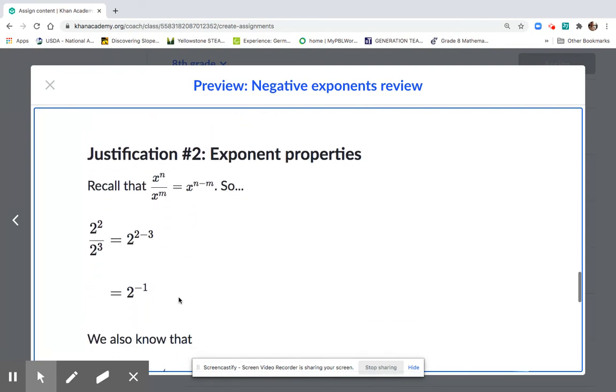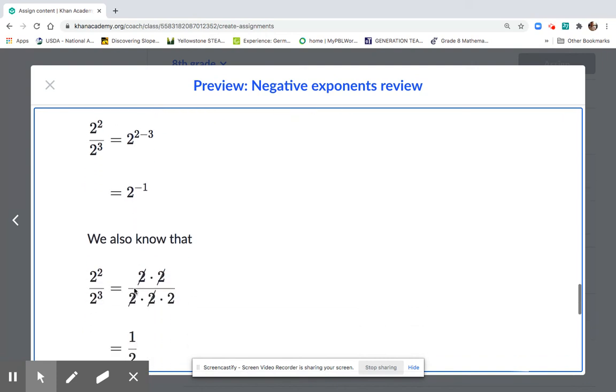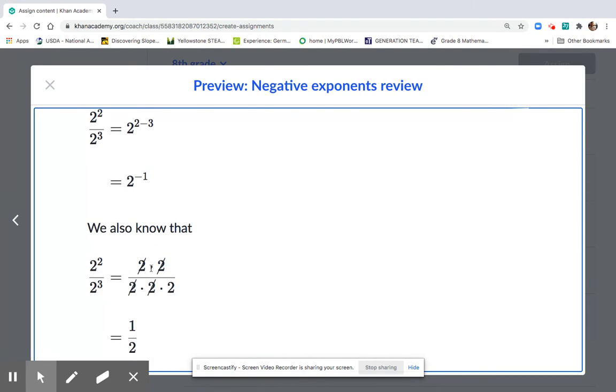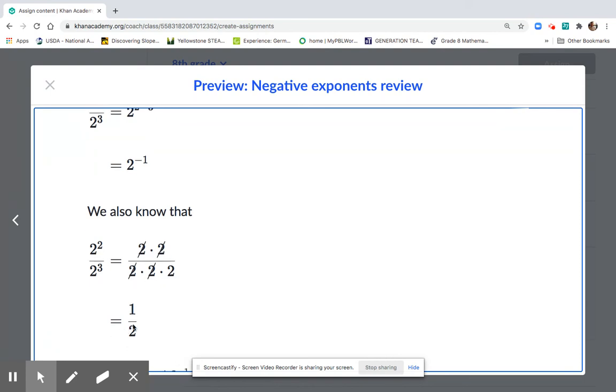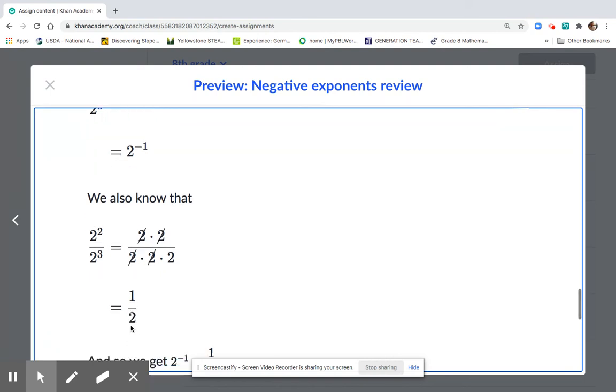All right, here it just shows with a previous property we used with division, right? And so 2 squared divided by 2 to the third, we would be subtracting the exponents. You get 2 to the negative 1. Here they show with expanded form, and we still have a 2 in the denominator, right?